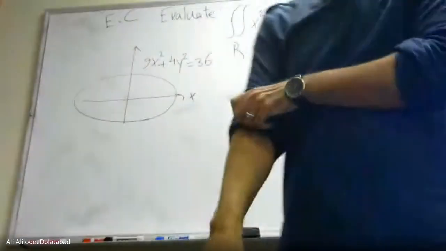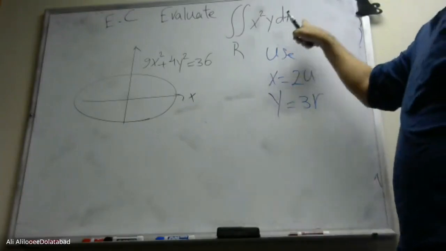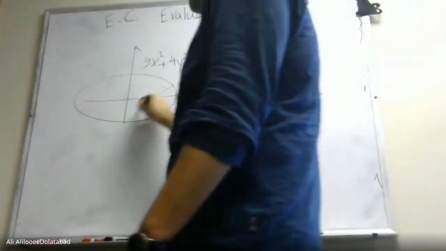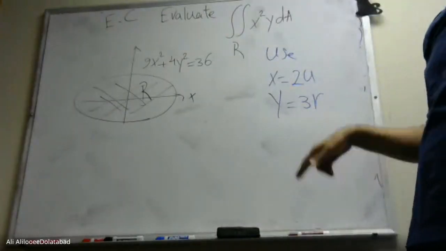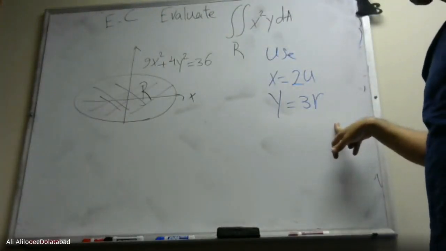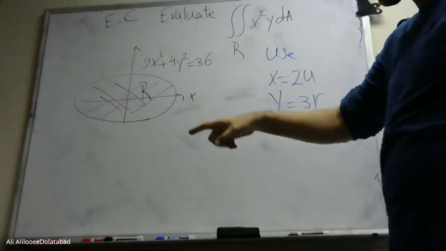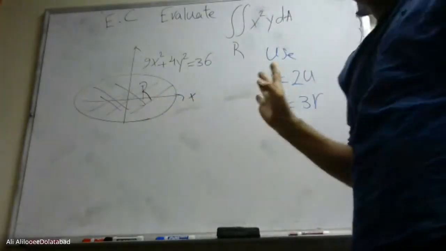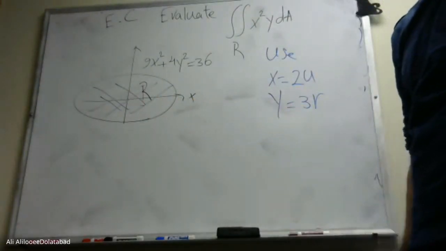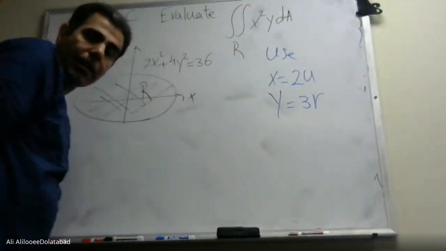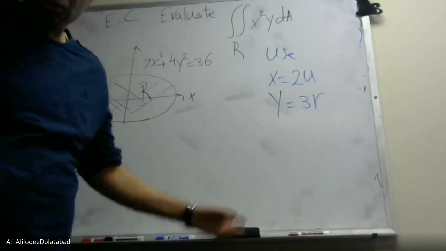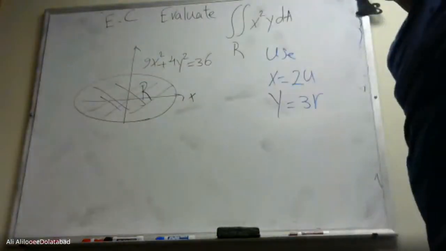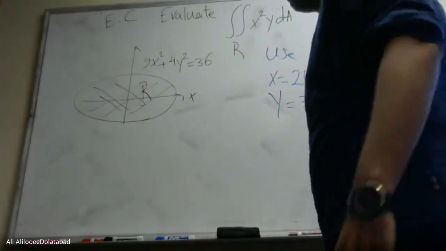You want to integrate on R, which is inside this ellipse. If you use this transformation, you will convert this into a unit circle. After that, use that unit circle, integrate and find the final answer. This is extra credit, then it will be added to your test tree. So write your solution on a piece of paper, scan it, and upload it on the Dropbox.